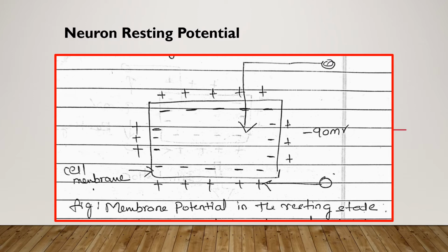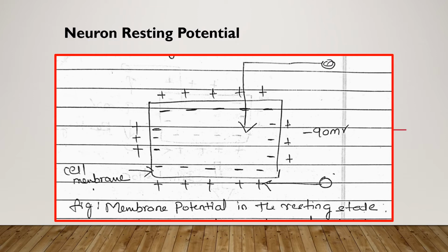An equal number of positive ions accumulate just on the outer surface. Whatever positive and negative ions are present, they are equal in number.